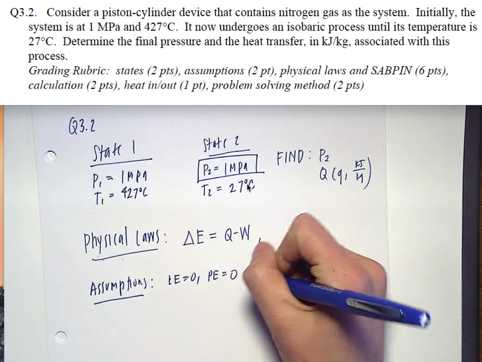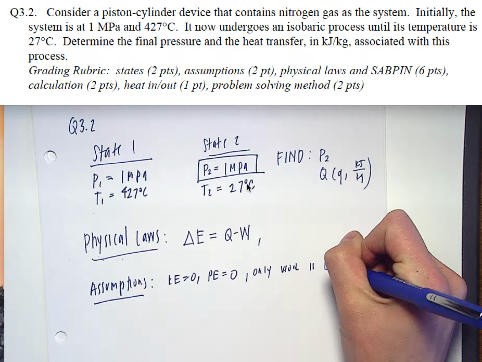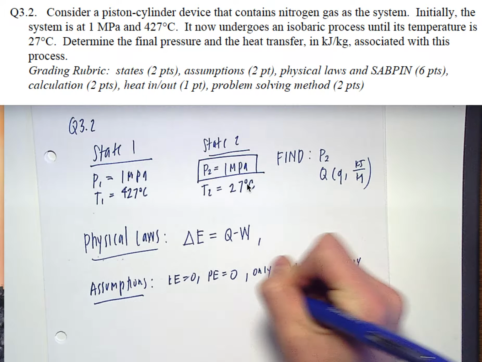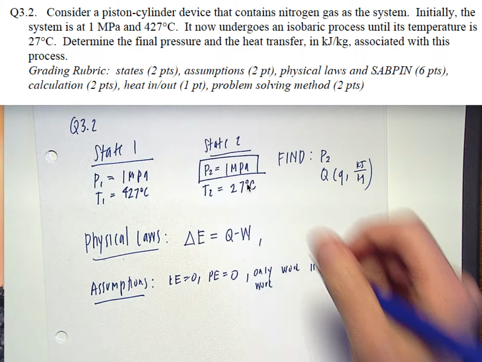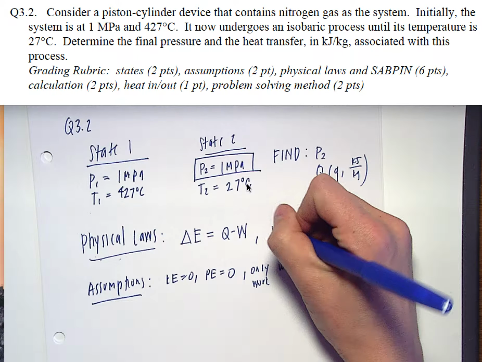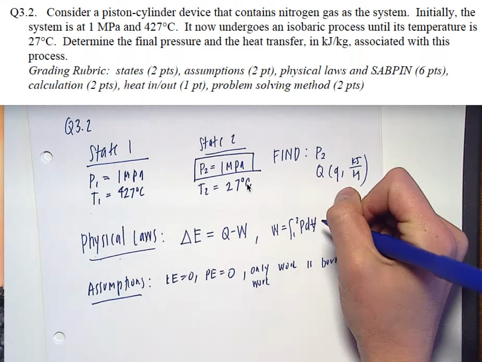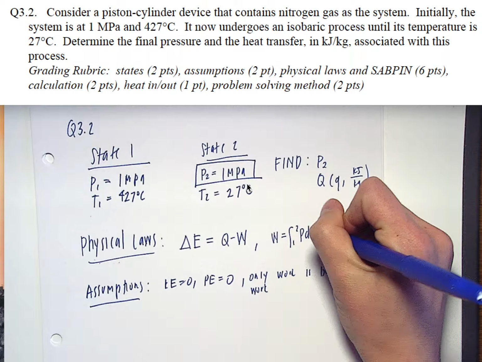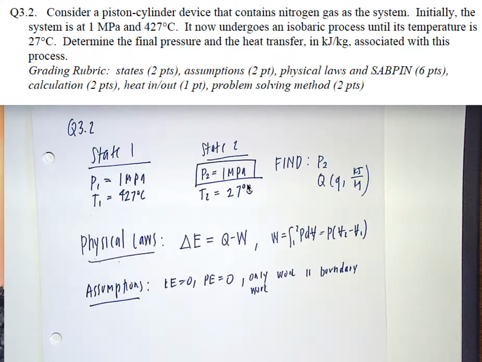And then you could also write the only work is boundary work. If we know that the work is boundary work, we can write out the boundary work equation. And because it's isobaric, we can even write that the equation is constant pressure boundary work, where it's just the pressure times the change in volume.